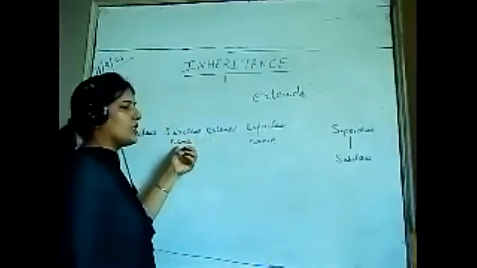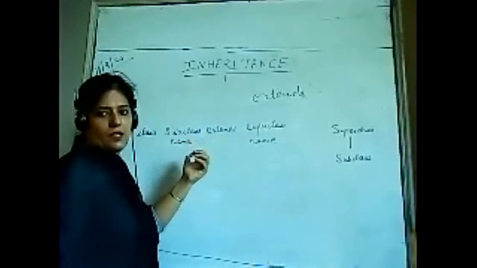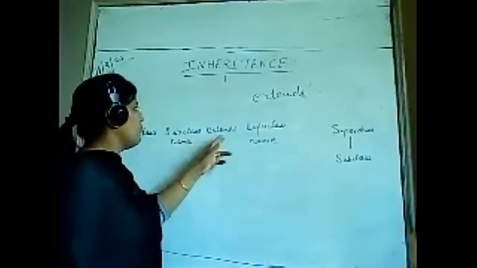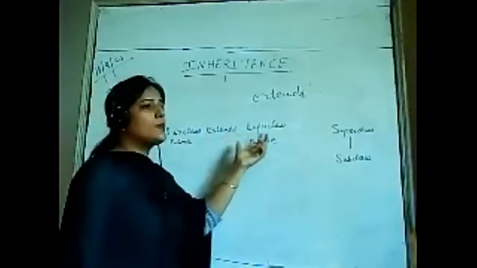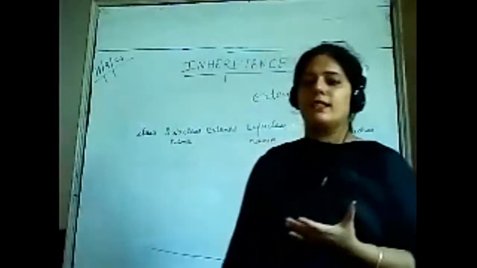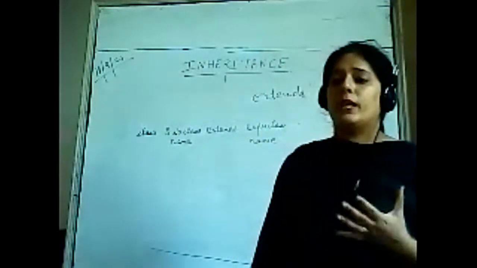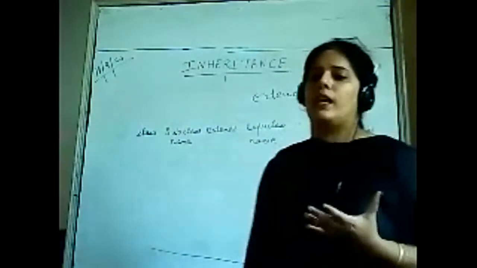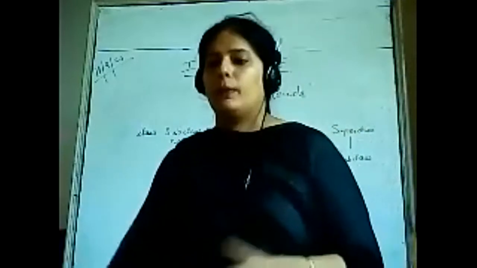We have to mention the derived class name first, and then define which particular class it is extending. We use the word extends because it indicates that we are extending the functionality of the given class. In inheritance, it doesn't mean that we have to use all those functions.